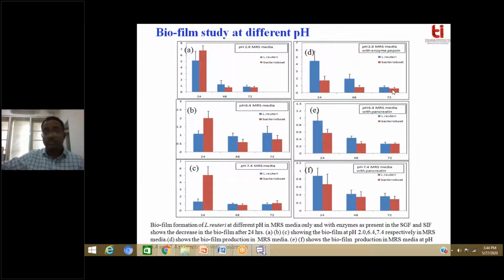Even at 72 hours, they are producing enough biofilm to stick to the intestinal and stomach surface. The production of biofilm actually increased with increasing pH. In the stomach the system is stable, but compared with the intestine, it is even more stable in the intestine. I'll show you how it binds to the intestine and stomach.